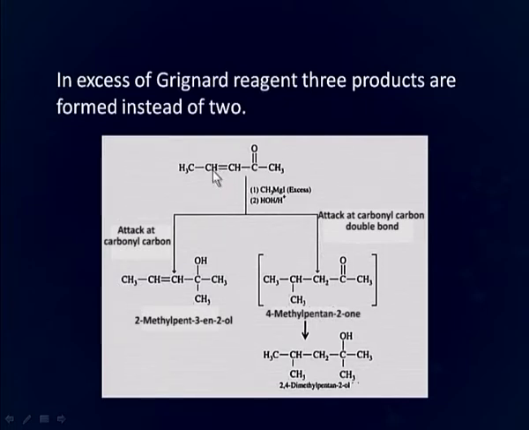If it is attacking at this position, then of course there is formation of this molecule, and if it attacks at this position, this product is formed. But if you look at this product carefully, you will find that we already have another carbonyl group present where Grignard reagent can attack, and that is why a third product is also formed if we are using excess of Grignard reagent in this reaction.